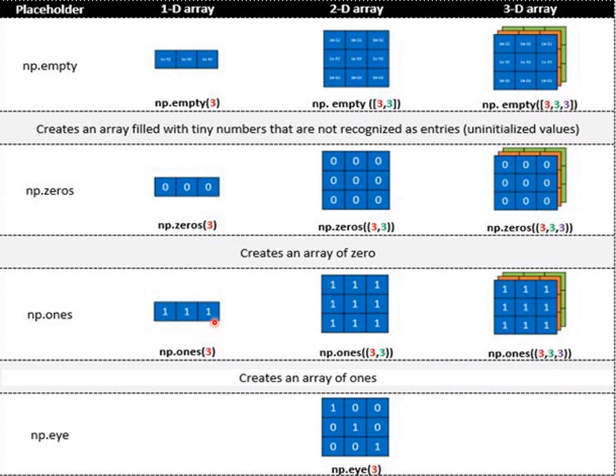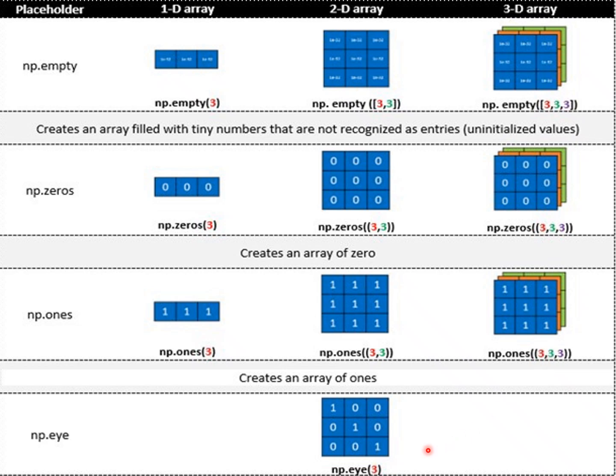Similarly, zeros and ones we have seen for the one-dimensional and two-dimensional cases. Now we'll see the three-dimensional case. Similar to the empty function, if we give the number of rows, number of columns, and the number of frames, that many frames are created, and all the values will be filled with zeros in this case and ones in this case.